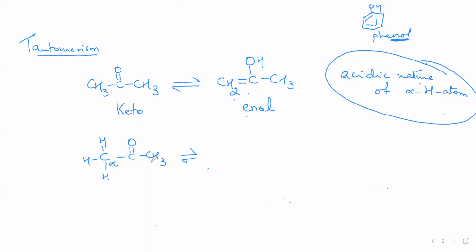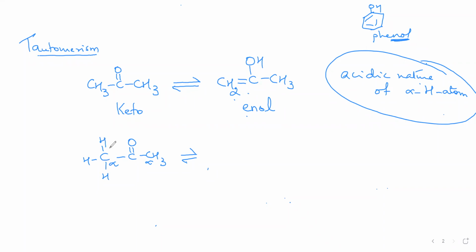So these are your alpha carbon. I repeat, the carbon joined to the functional group is the alpha carbon. Now this is the functional group, the ketonic group. The carbon atoms joined to the ketone are the alpha carbon. So both these carbon atoms are alpha carbon. All the hydrogen atoms present on these are all alpha hydrogen. So this molecule has 6 alpha hydrogen, 3 here and 3 here.